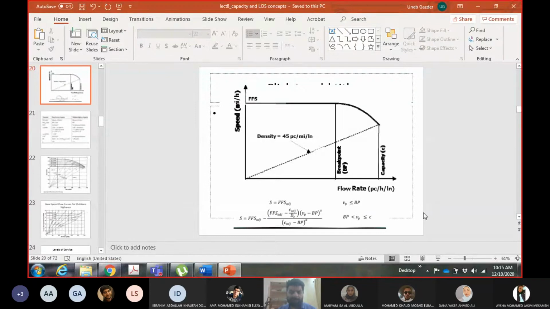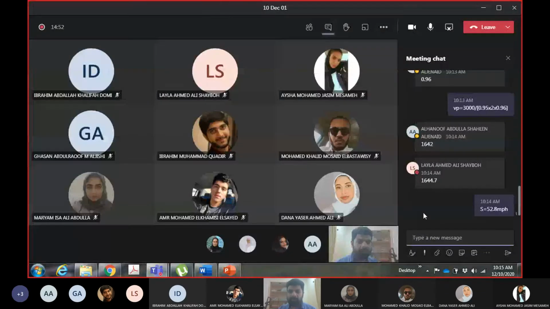Now why did I find out the speed? Because level of service is related to density. So I wanted to find out density now. Density is flow upon speed. So your flow is, I don't know, 1642 or what? Can somebody confirm, 1642 or 1644.7? It will not make much difference.